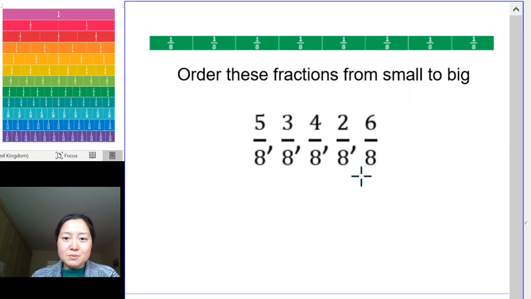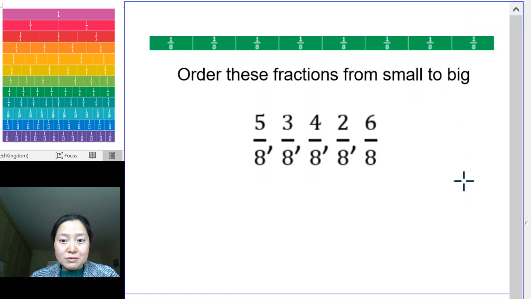So the first piece of work, can you try to order these fractions from small to big? And this should be a straightforward work, and there is a fraction bar on the top of this page. So 1/8, the whole bar is divided into 8 pieces.